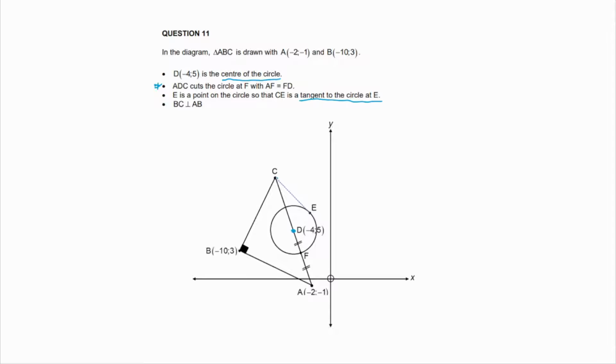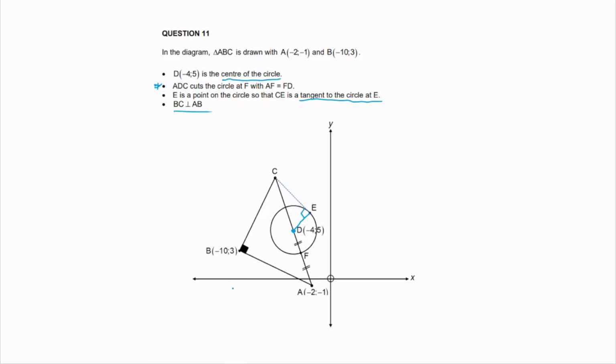So if I draw radius DE, I know that this is 90 degrees, because the radius is perpendicular to the tangent. That could be helpful, so let me draw that in. And then they also tell me that BC is perpendicular to AB.